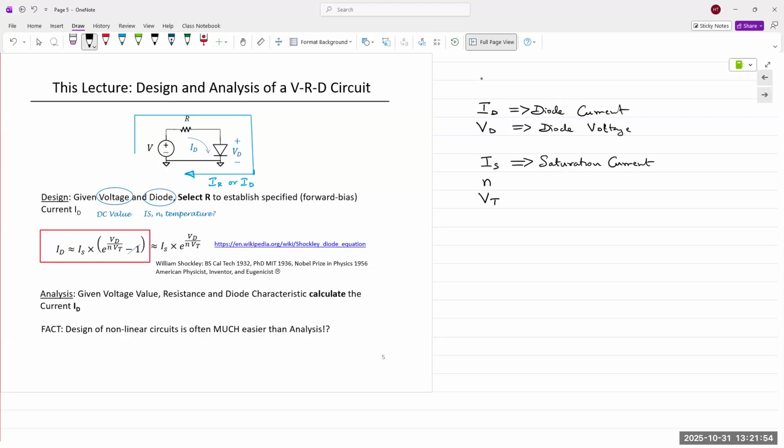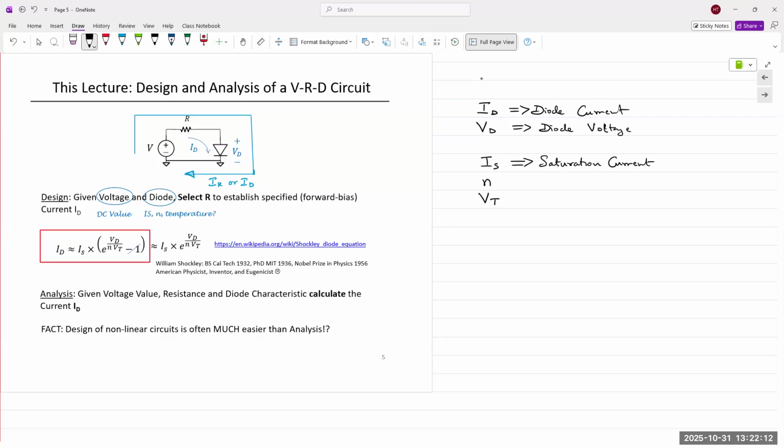The only thing you need to understand for now is that saturation current is fundamentally present in all semiconductor devices, and it is very, very small. Typically, when we measure the saturation current in the lab, it's nanoamps or less.